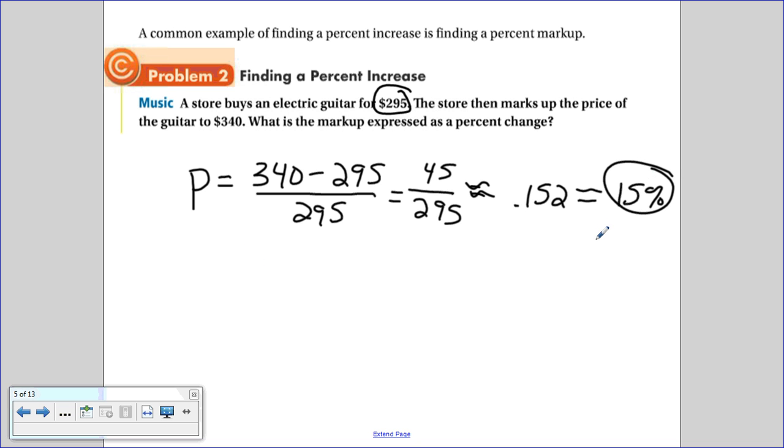So it was a 15% increase is what I was going to write.